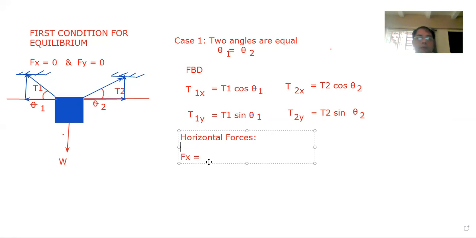Fx will have T2x going right, and then we have a force that goes left, so we subtract the force that goes left. That's T1x, the one that goes left.